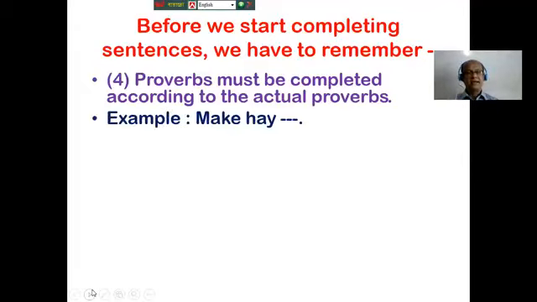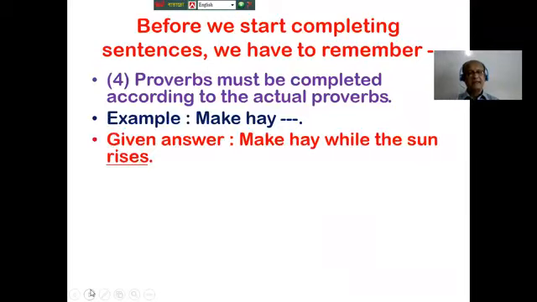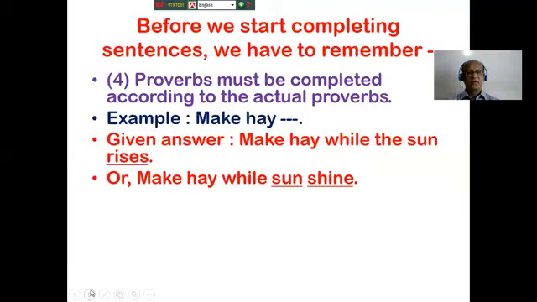Example: make hay. And the answer we may find in your exam copy appears as: make hay while the sun rises. I have underlined the wrong part. Or make hay while sun shines.